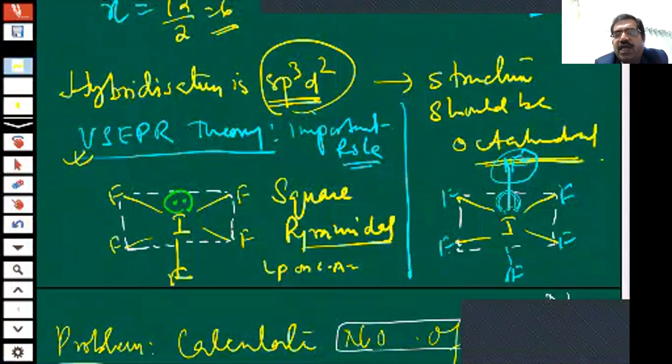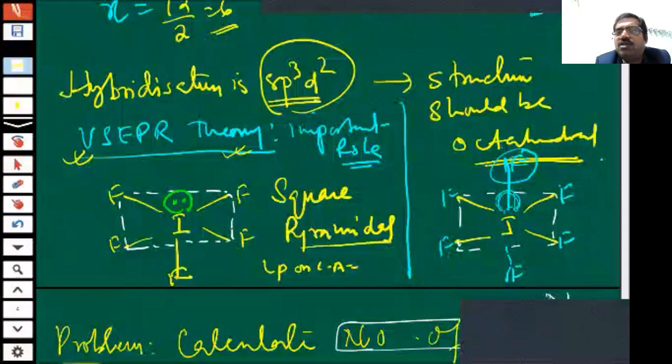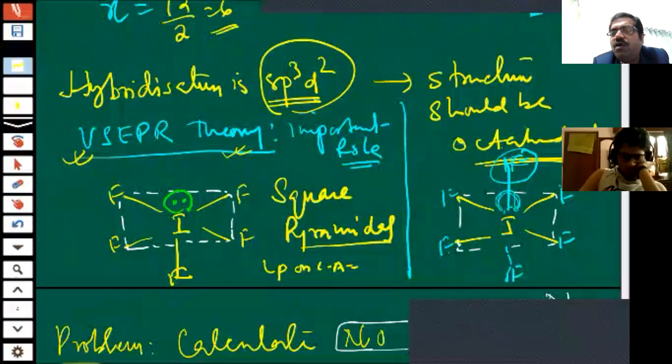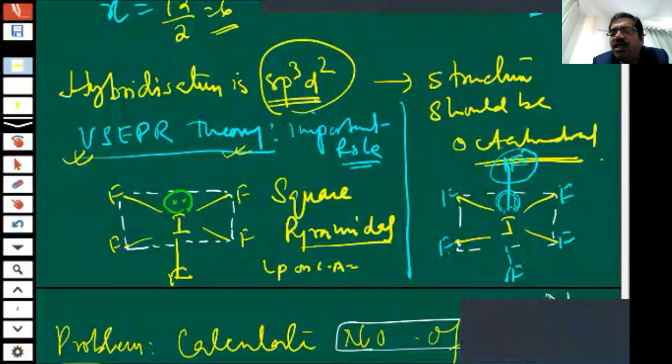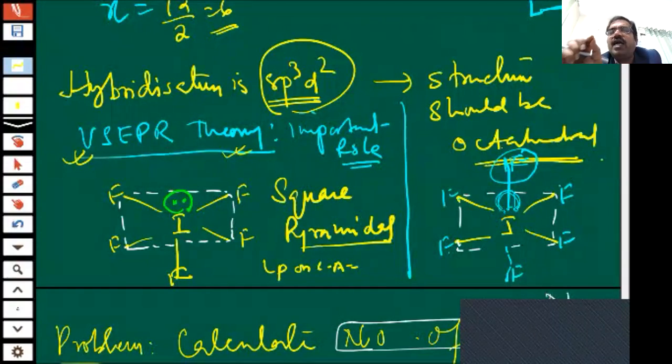So they decided that in octahedral, if any possibility is there, we will form the lone pair on the axial position.